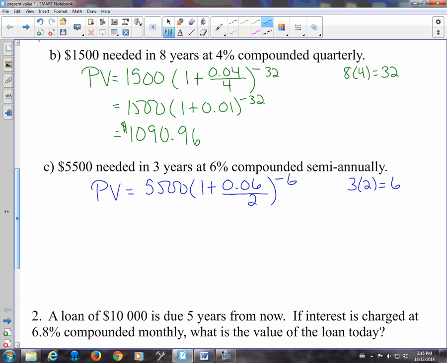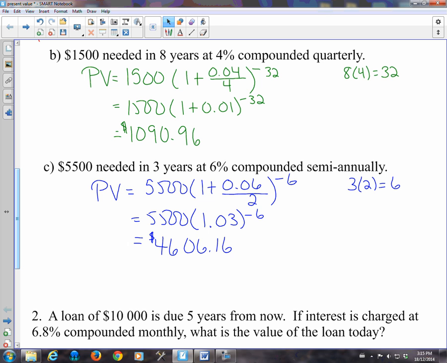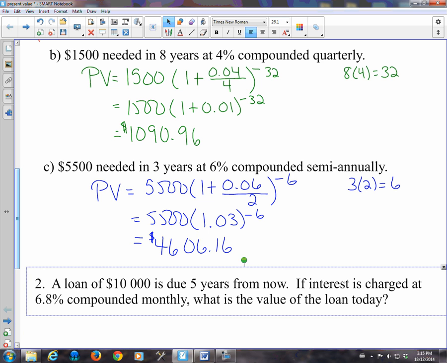So I have negative 6, which means I've got 5,500 times 1.03 to the negative 6. And I can type that in my calculator. And I get $4,606.16 right now to get $5,500 in 3 years with that interest rate.